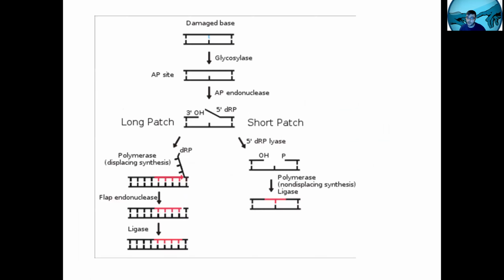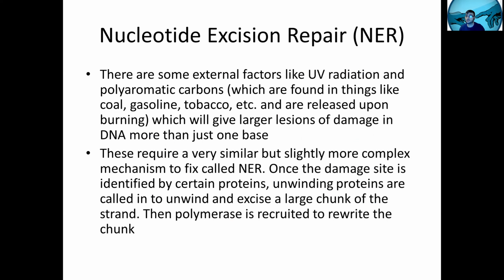But if both strands are damaged, you can't use DNA polymerase anymore because you have nothing as a blueprint, right? DNA polymerase can't know to add an A or a G in that spot because there's no C or T on the other strand telling it so, okay?